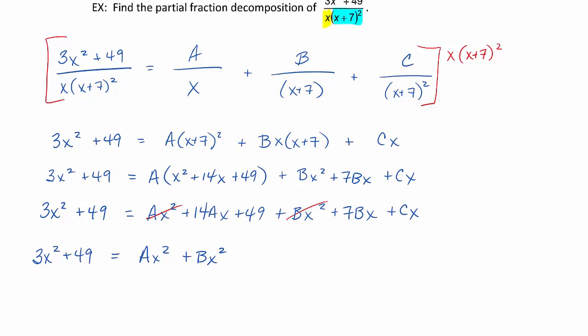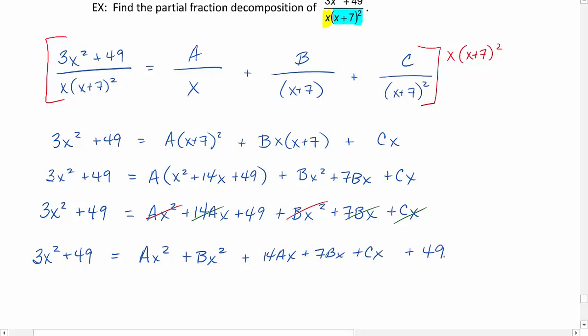All right, terms with an x come next. There's actually 3 of them: 14Ax plus 7Bx plus Cx. And then we have our plus 49. Oh, that should be a 49A. I'm misdistributing my A. Okay, 49A.